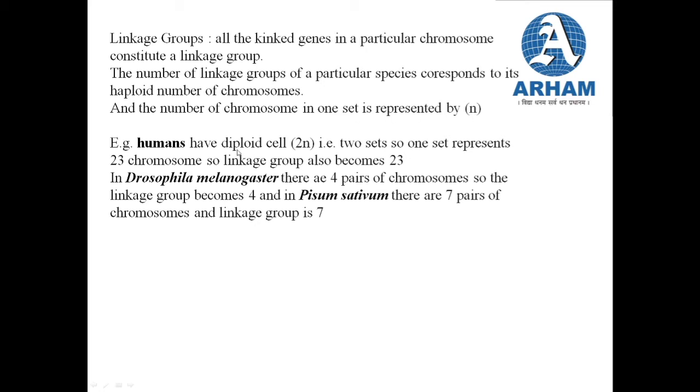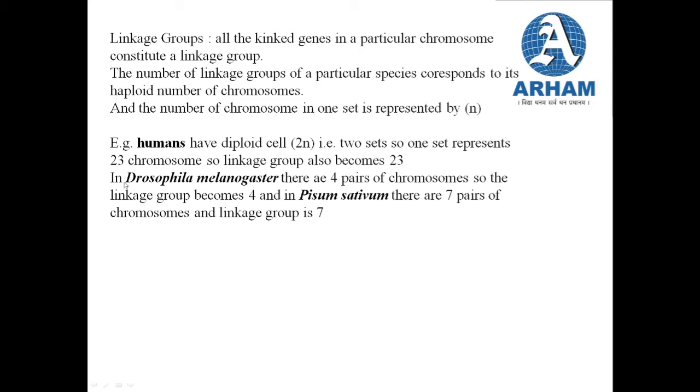So humans have diploid cells, that is 2n, two sets of chromosomes. One set represents 23 chromosomes, so the linkage group also becomes 23.